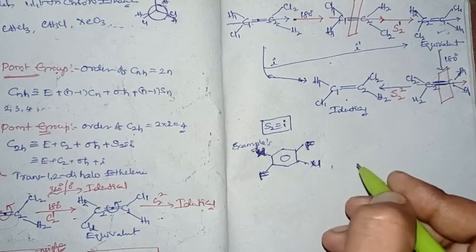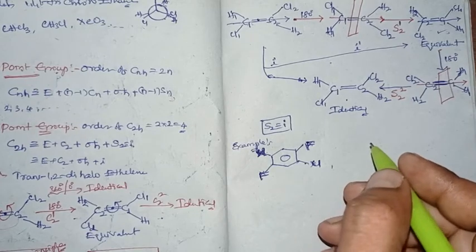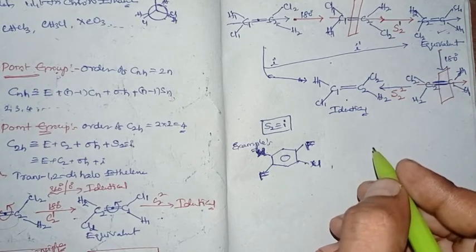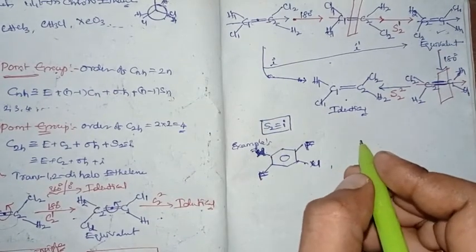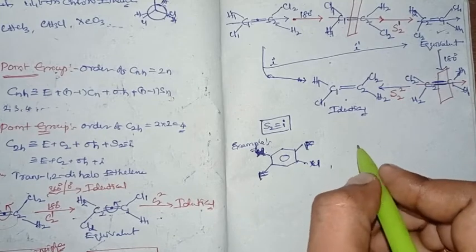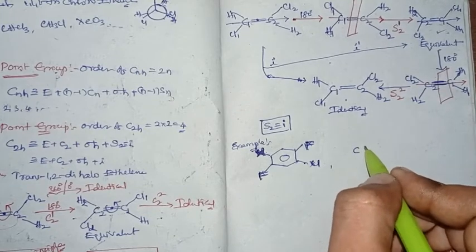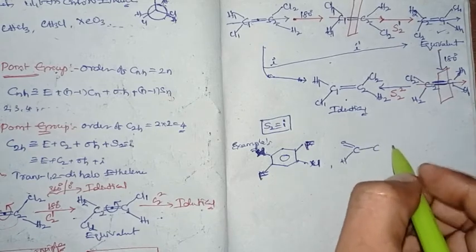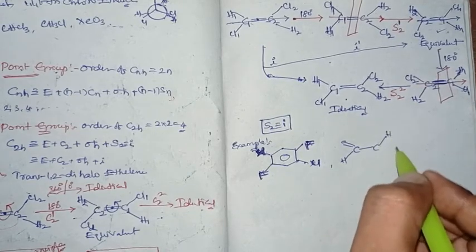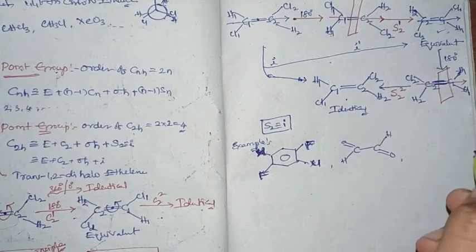This is the one which has a C2h point group. And glyoxal also is one that has a C2h point group.